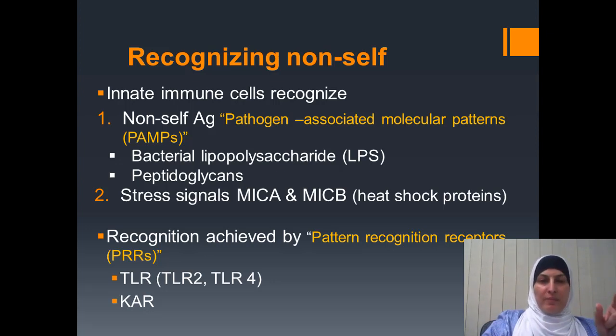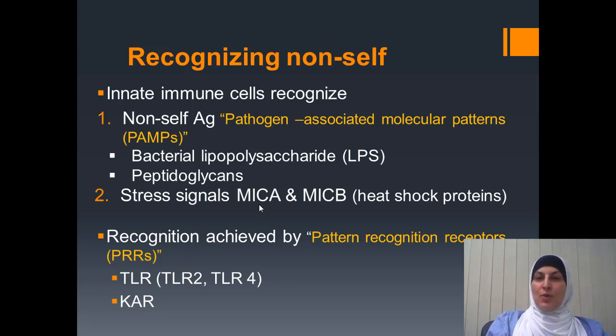Also, the innate immune cells have the ability to recognize stress signals. So what are these stress signals? When the cell gets affected by environmental factors like bacterial invasion or viral invasion, or maybe starvation, for example, this would give an alarm and alert, and the cell would be in a condition we call SOS condition.